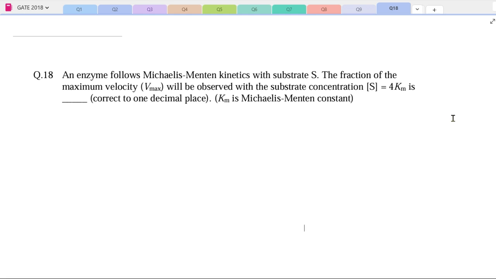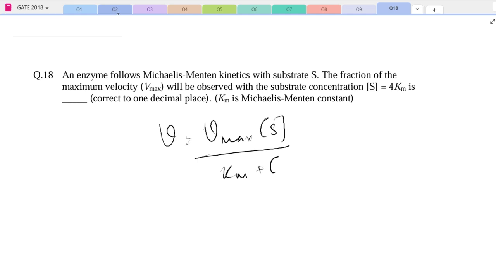First of all, Michaelis-Menten kinetics is frequently asked in most of the GATE biology papers, including biotechnology, and here of course in life sciences biochemistry. So let's first write that. V equal to Vmax into substrate concentration divided by Km plus substrate concentration. They've already given that the substrate concentration is 4 times Km.